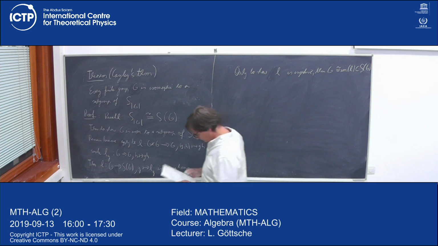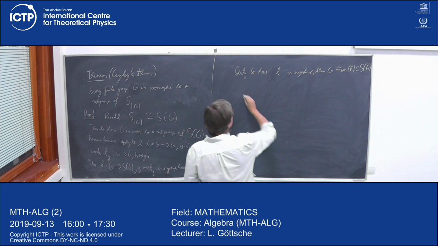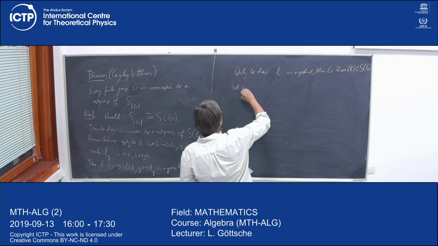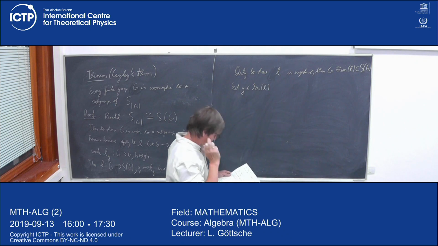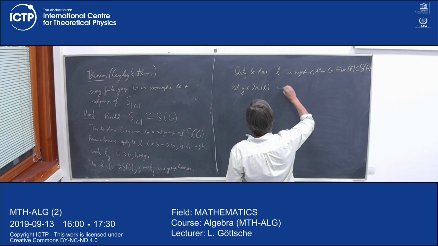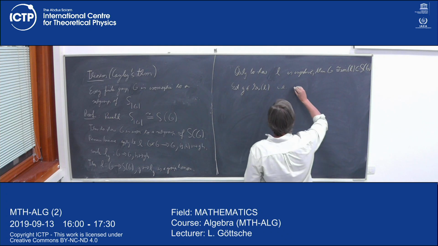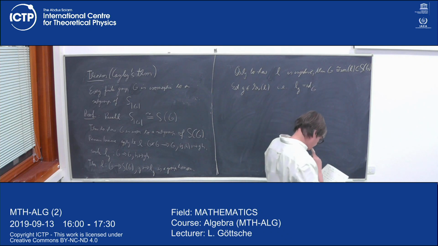Which is a subgroup of the symmetric group. So assume that g is an element in the kernel of L. So that means that the left translation by g is the identity on G, since every element goes to itself.